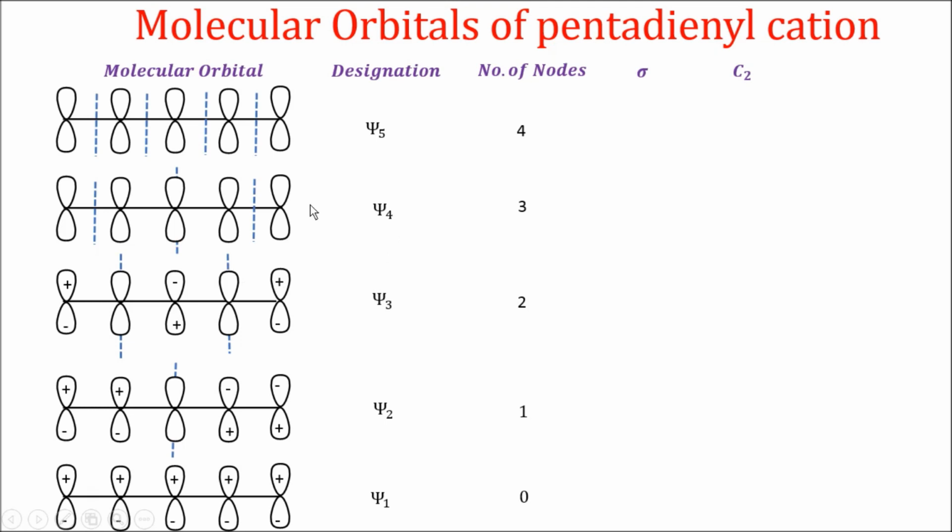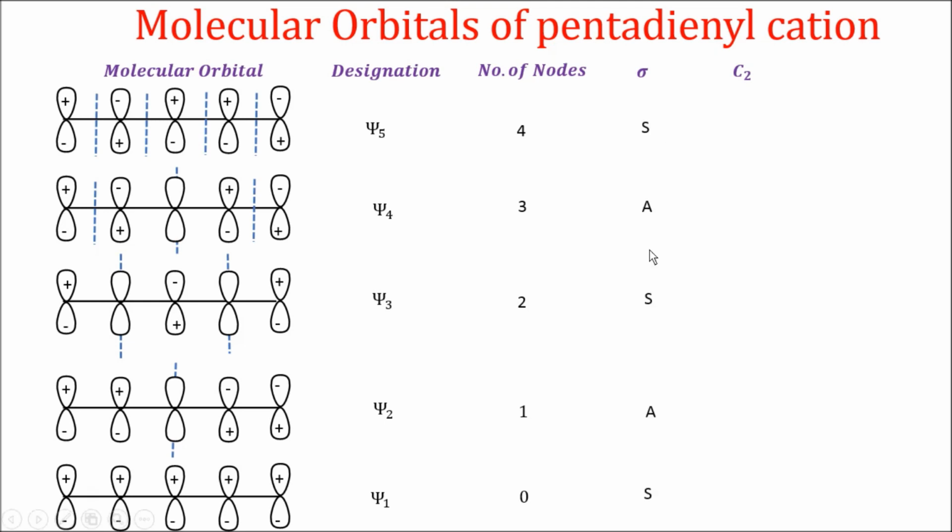For psi4, start with plus, a node is present, minus. Here a node is present, therefore we write plus. Here a node is present, therefore we write minus. In psi5, plus and minus come alternatively. So to follow the symmetry: the molecular orbitals with odd designation are symmetric with respect to sigma.